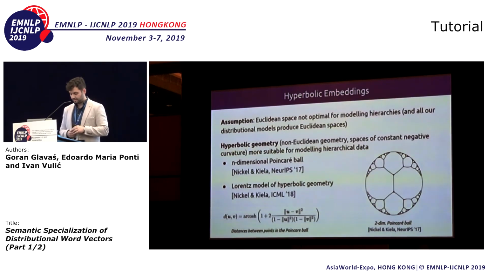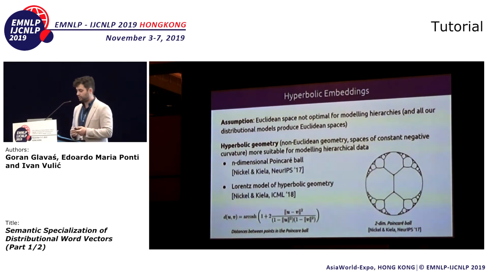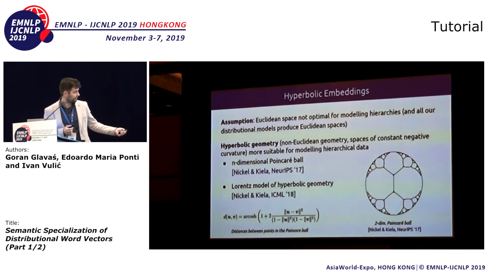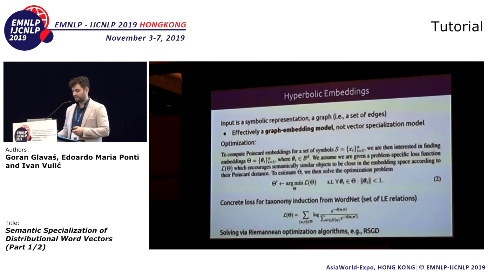You want to learn these embeddings U and V for pairs of words, and in your hyperbolic space in a Poincaré ball, this hyperbolic arccosine is your distance between these two hyperbolic embeddings.